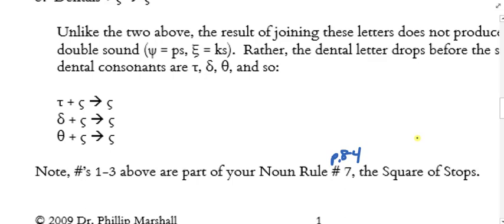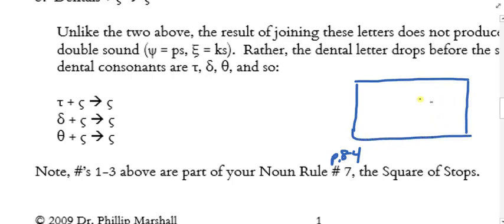So let me just, for the moment, talk about the square of stops and the way that Mounce lays them out, okay? So he gives you a little chart, and there are going to be 2 lines. He has 3 columns here.